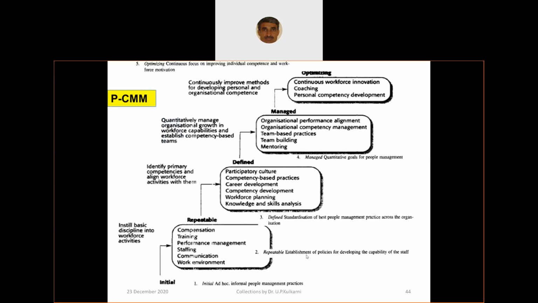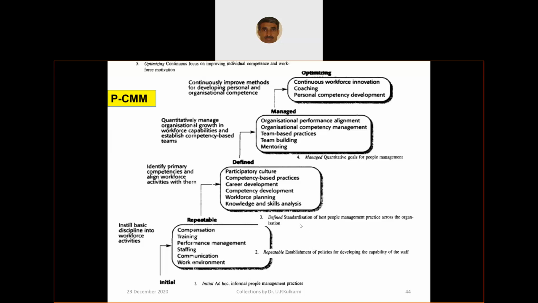Any process that you introduce will produce the same effect when it is repeated, right? This you can achieve by training, performance management, staffing, communication, and work environment, properly looking into that. The third one is defined: standardization of the best people management practices across the organization.